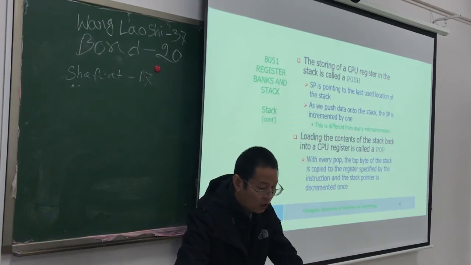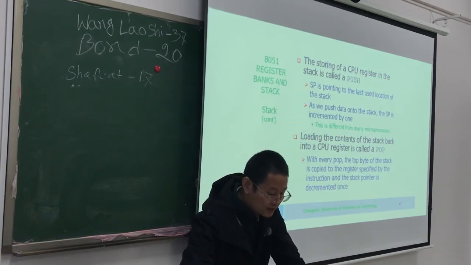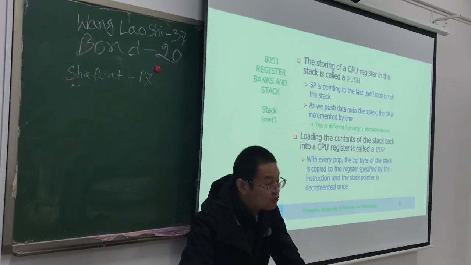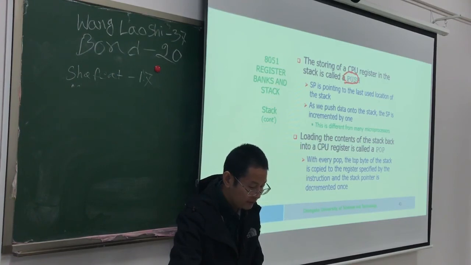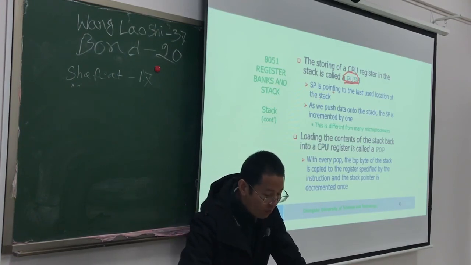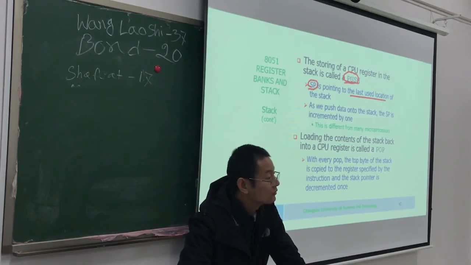The storing of a CPU register in the stack is called a push. SP points to the last used location of the stack. As we push data onto the stack, the SP is incremented by 1.